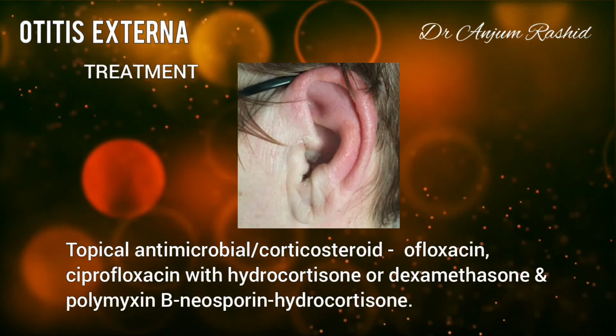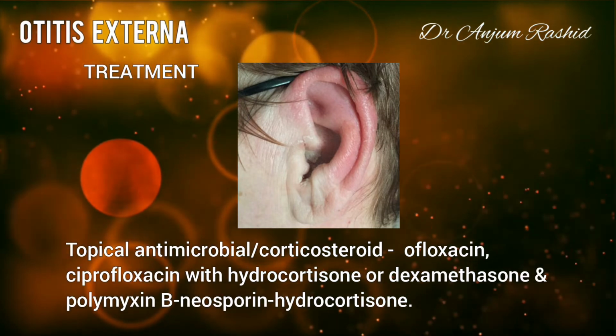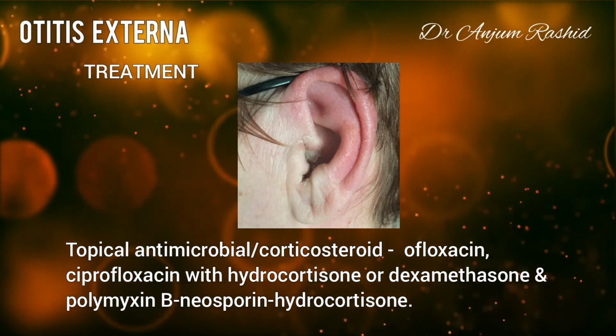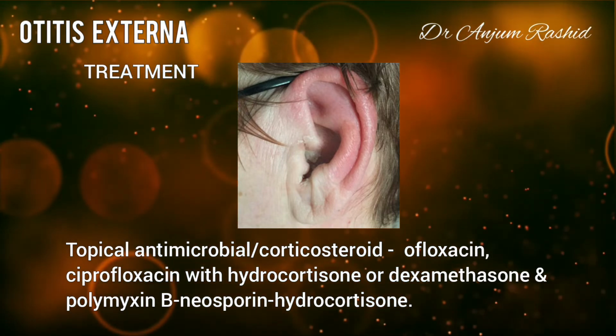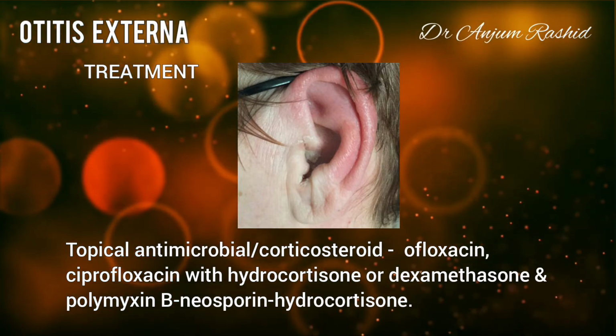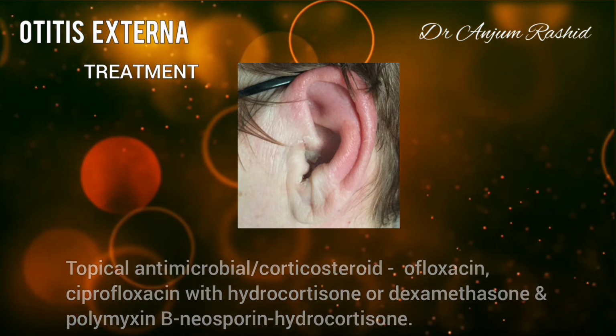Now the treatment. Topical antimicrobial or corticosteroid otic preparations are sufficient in most cases of otitis externa. These include ofloxacin, ciprofloxacin with hydrocortisone or dexamethasone, and polymyxin B neomycin hydrocortisone.